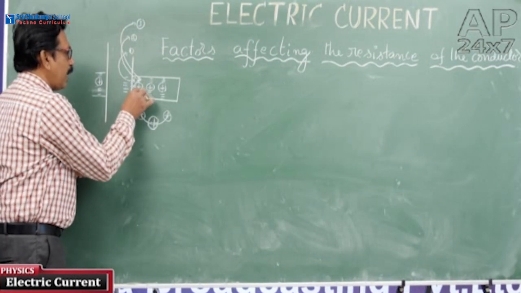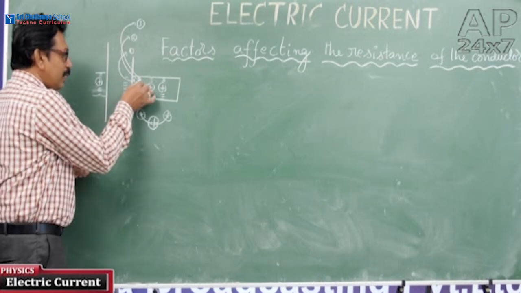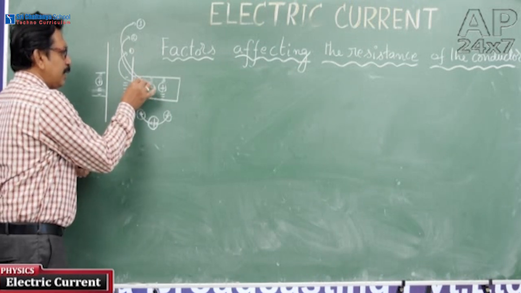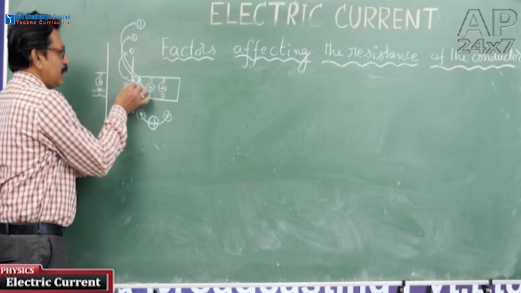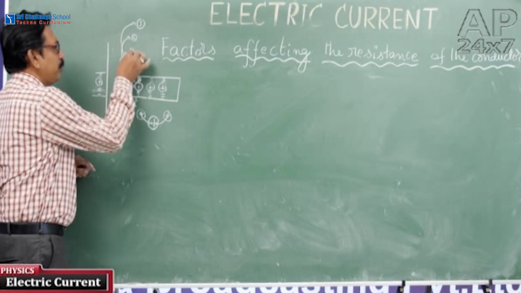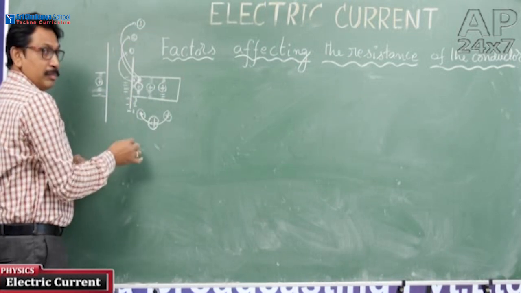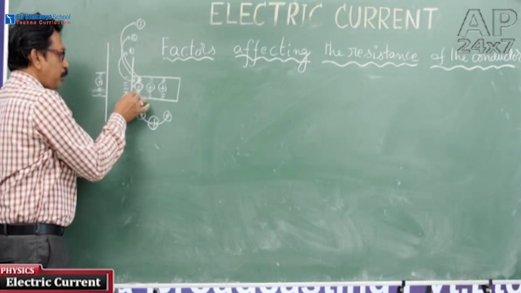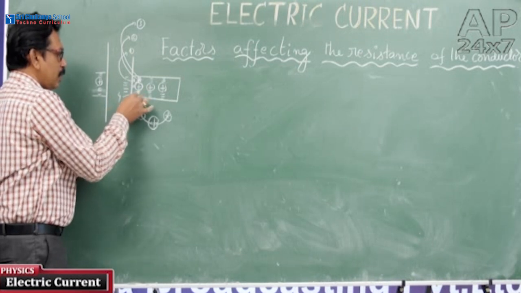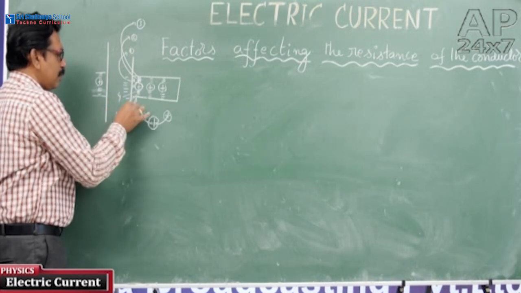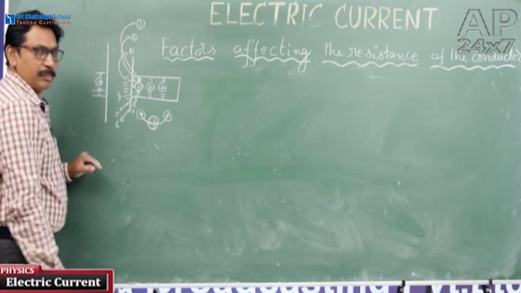This is the core ion. For this core ion, on the top there are 3 electrons at position number 1, position number 2, position number 3. Similarly, this is position number 4, position number 5, position number 6.